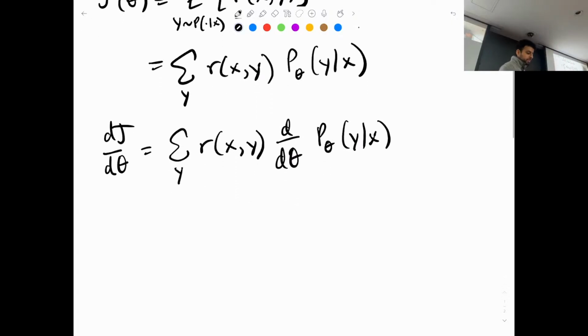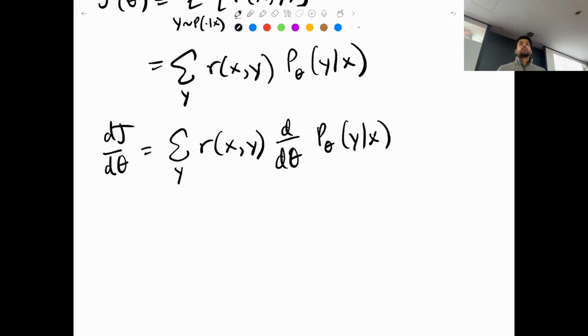And so some people had asked, well, we obviously cannot compute this for all possible y's, so we're going to sample one or some small number of y's to do this. But in the REINFORCE algorithm, we introduced this log trick, right, to make this gradient a function of a log probability.